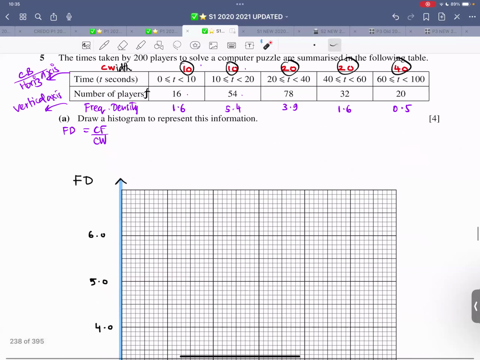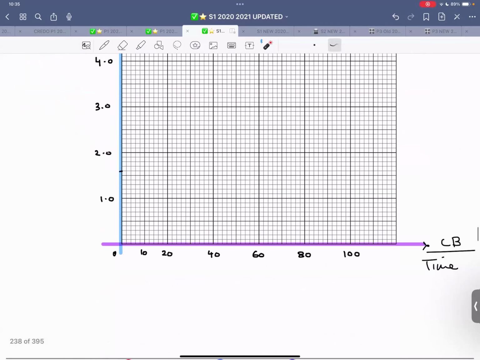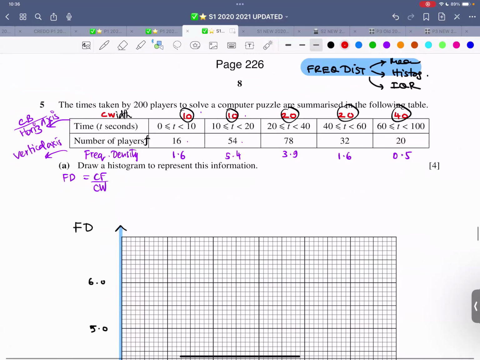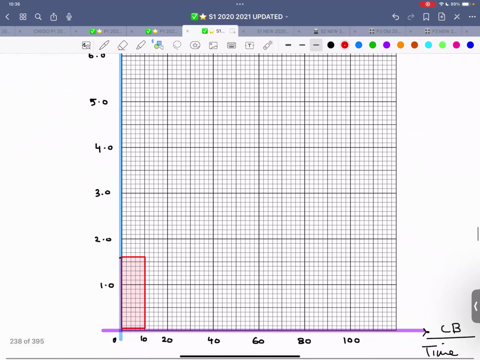Now if I draw the first one, 0 till 10, the frequency density is 1.6. So this is 1.6. And that is how I'm drawing it. That is the first one. The first bar is drawn. The second bar is 10 till 20, height is 5.4.